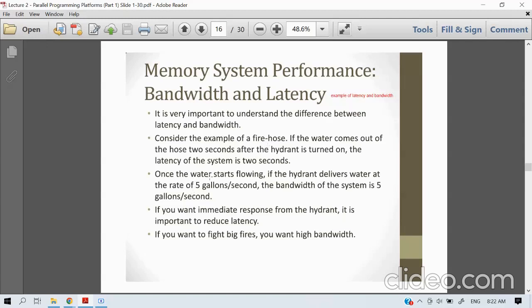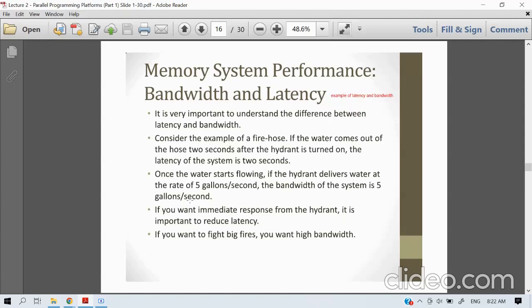Once the water starts flowing, if the hydrant delivers water at the rate of 5 gallons per second, the bandwidth of the system is equal to 5 gallons per second. So 5 gallons per second is the rate of the water that comes out of the hose.